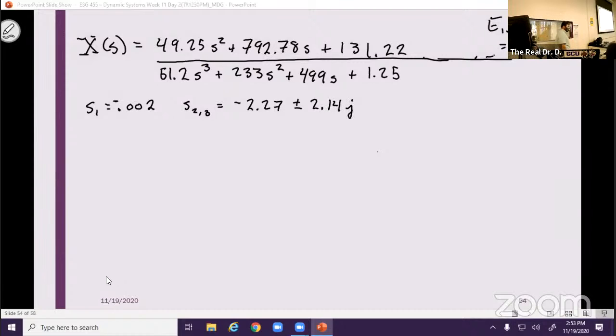So we've got one real and a complex conjugate. We can handle this, but we're not going to have time to run through the partial fraction. We've got 7 minutes left in class, and we all know that ain't going to happen.